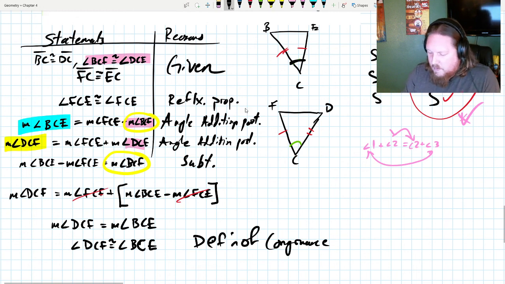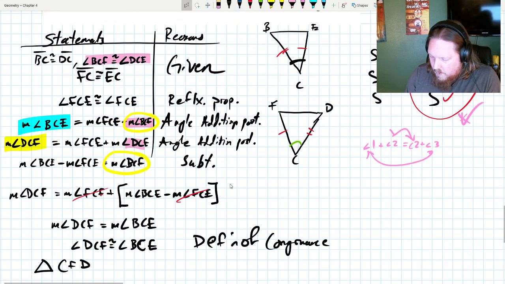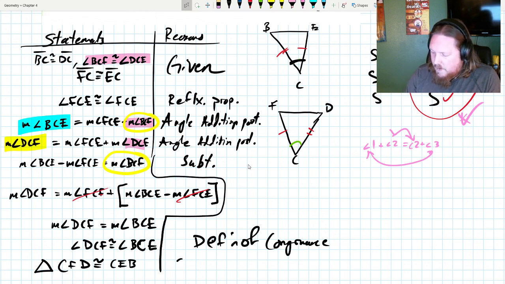Let me just put the names in the right order. So triangle CFD is congruent to triangle CEB by side angle side.